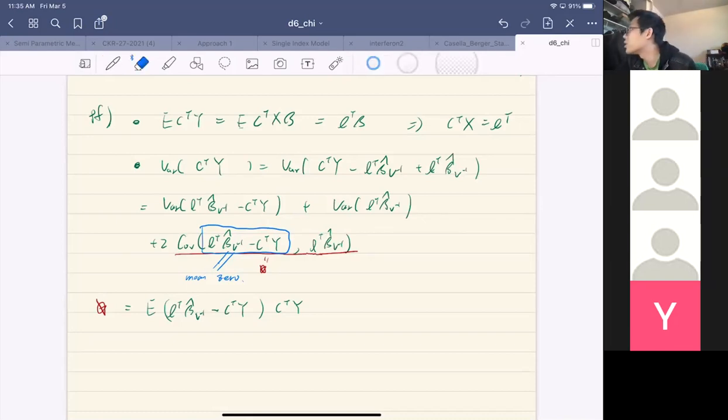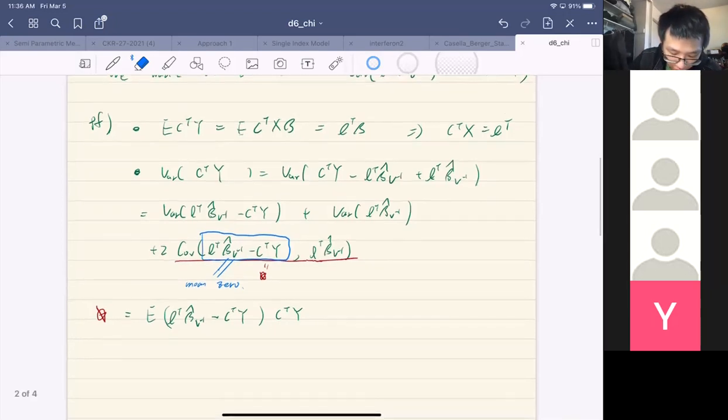Yes, I think I basically follow. You mean it's the proof for the Gauss-Markov theorem, just here we consider different estimators.